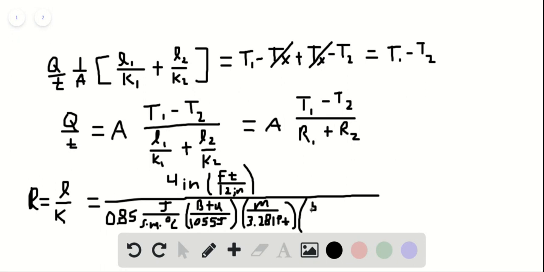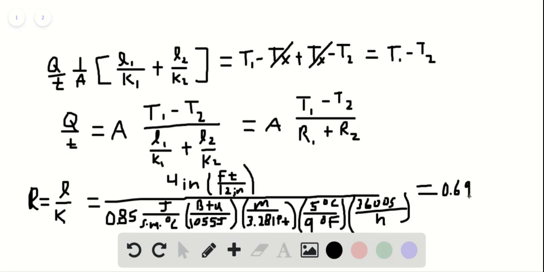So we have 5/9 degrees Celsius is equal to 1 degree Fahrenheit. Okay. And then, of course, now let's get into hours from seconds. So we have 3,600 seconds for 1 hour. So carrying out this calculation, this comes out to equal 0.69.